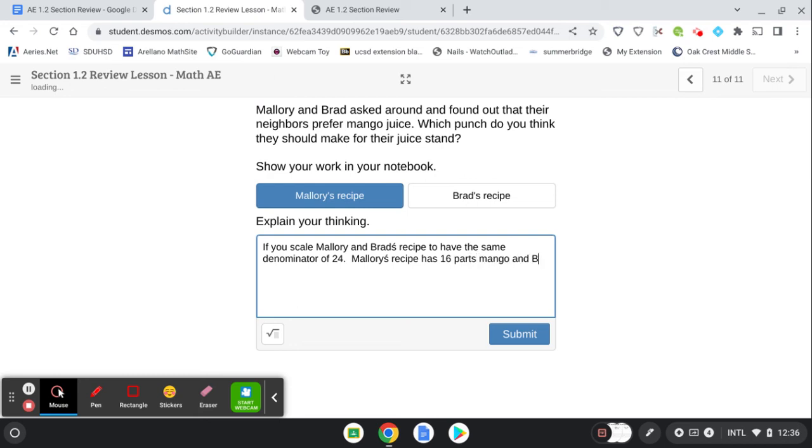And Brad's recipe has 15 parts mango. Since 16 is more than 15, Mallory's recipe should be used for the juice stand.